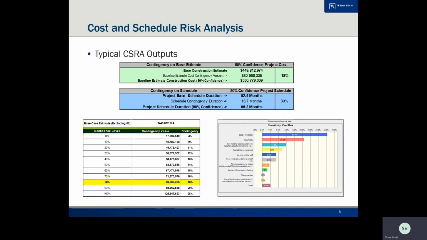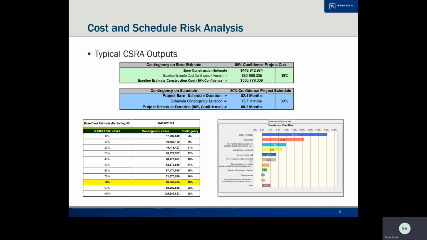The table on the bottom left shows different contingency values for various confidence levels. Typically, we use the 80% confidence level. It's pretty standard for this process, but there is room to make different choices depending on your project's needs. Lastly, another valuable chart is called the sensitivity chart, and that's on the bottom right.